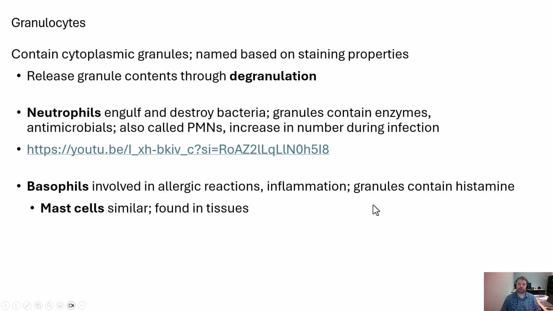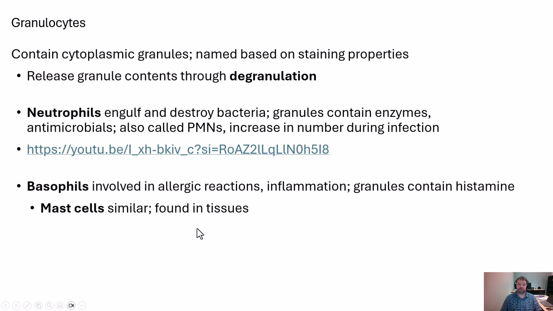We know their granules contain histamine, and so this is why people who have severe allergy attacks often take an antihistamine, which dampens or lowers the ability of basophils to react to certain things in the environment, like pollen or whatever the individual might be heavily allergic to. The antihistamine would be given to basically make the basophils less effective.